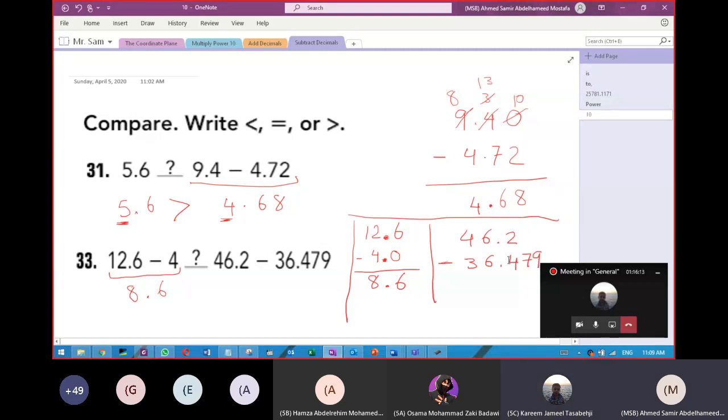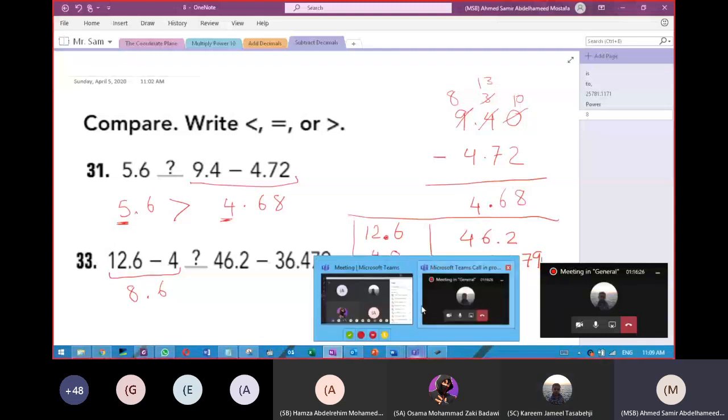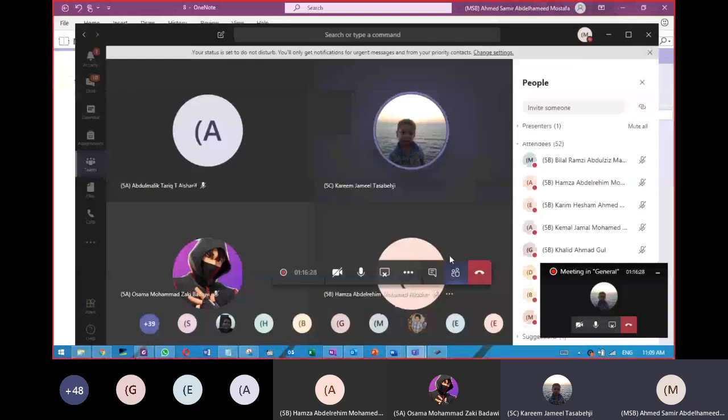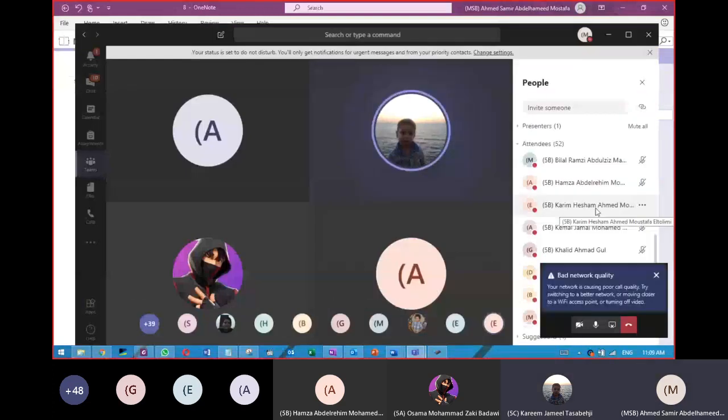Kareem, I think it's either because you're using a small device like a phone or a tablet, or you need to restart your computer for some internet connection issues. But either way, we're doing number 33. And you'll find the video of all the session about 30 minutes after the class.